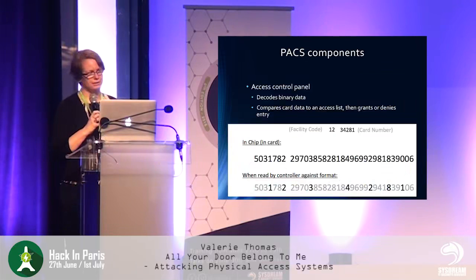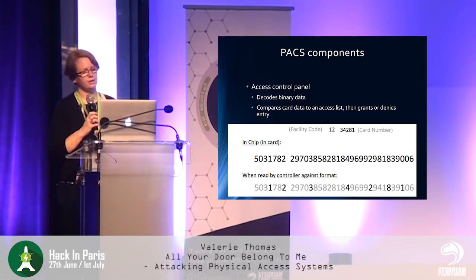The vendors in the physical access community decided that they weren't really worried so much about security at this point. It was more about locking in their clients. So they'll take that data and pad it and write it to different places in the data stream. Vendor A's card will not work on vendor B's system, just so that they can lock them into only purchasing their credentials from that vendor.